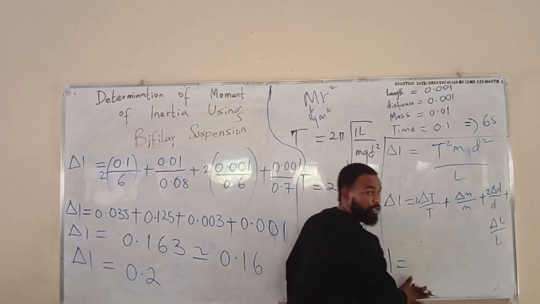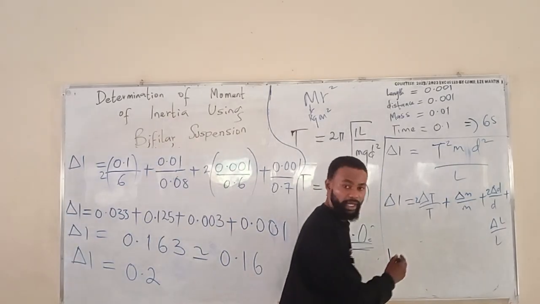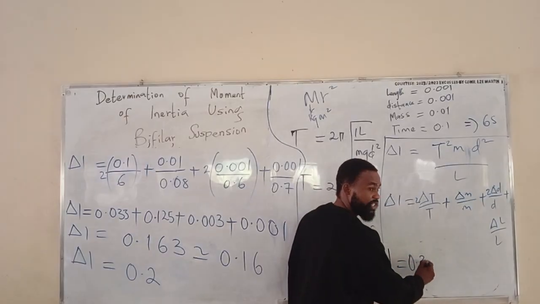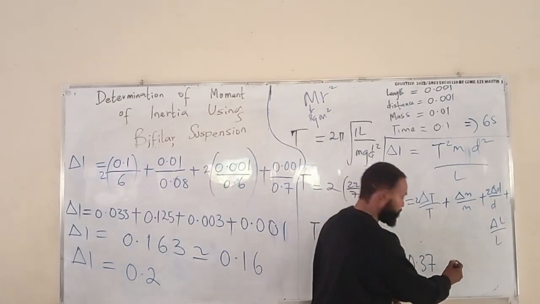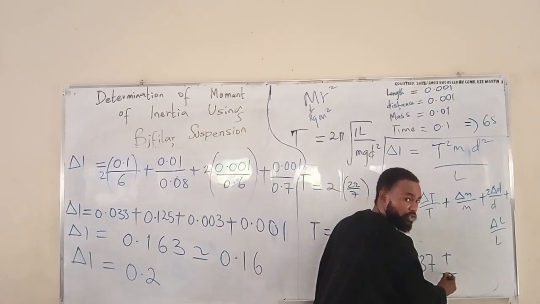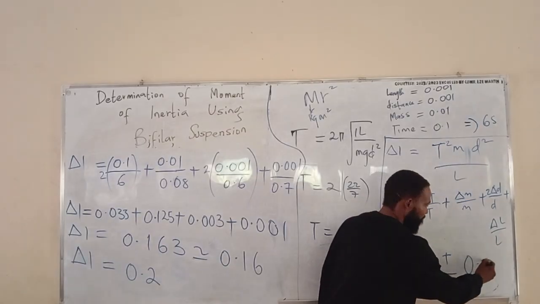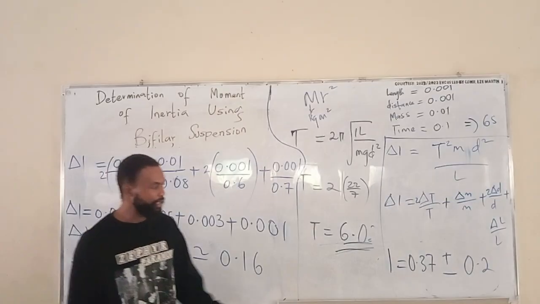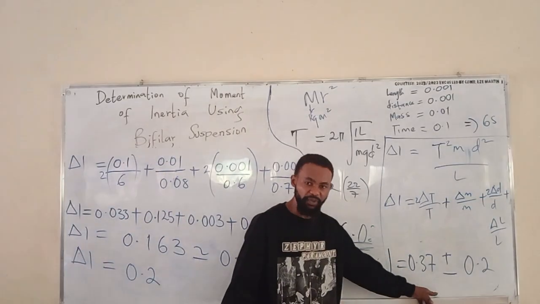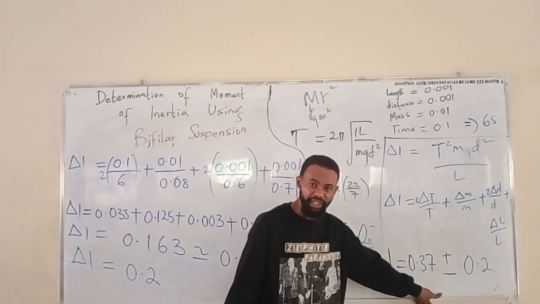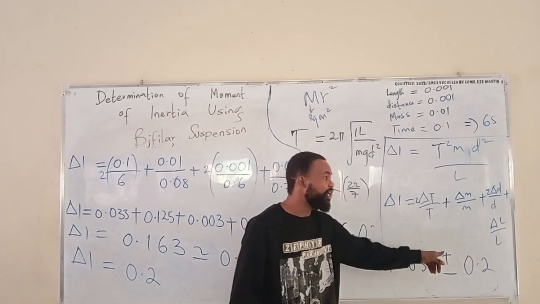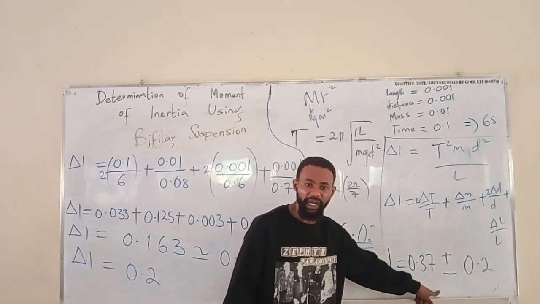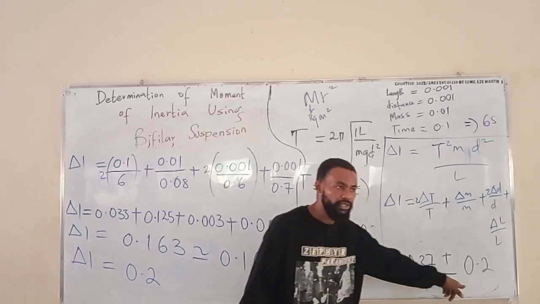What did you get for inertia? Tell me what you got. 0.37, Shabi? It should be plus or minus 0.2. Your inertia now should be 0.37 plus or minus 0.2. Anytime you see any value given to you with plus or minus something, it simply means the change is this thing.